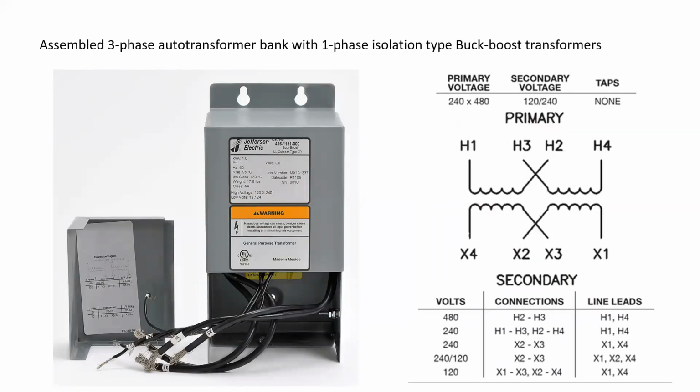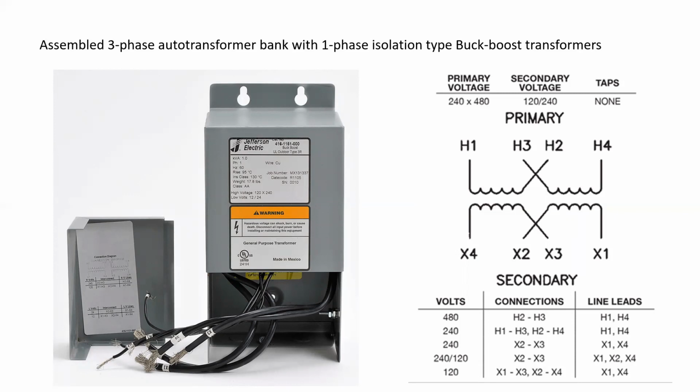Finally, the last option would be if we used single phase isolation type buck boost transformers. These are considered to be the workhorse or the jack of all trades transformer because of all the different orientations it can be connected in, rendering all sorts of different voltage input and voltage output.